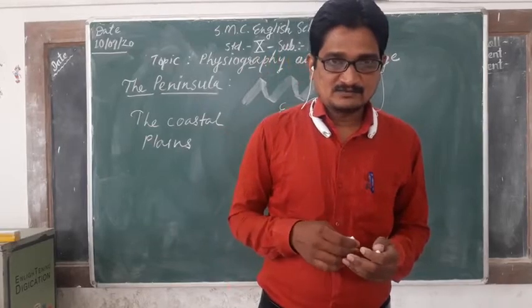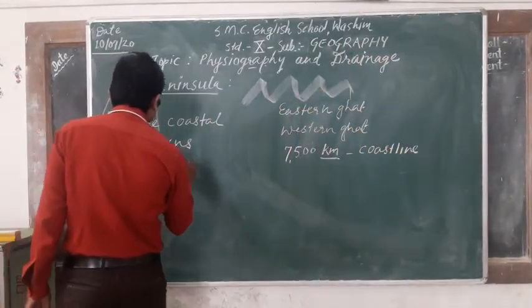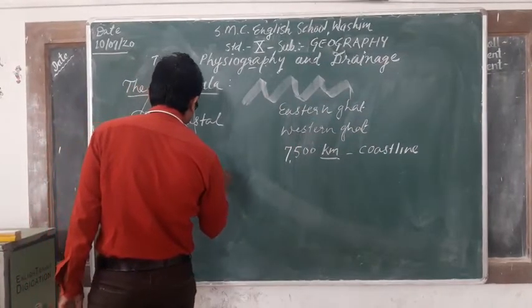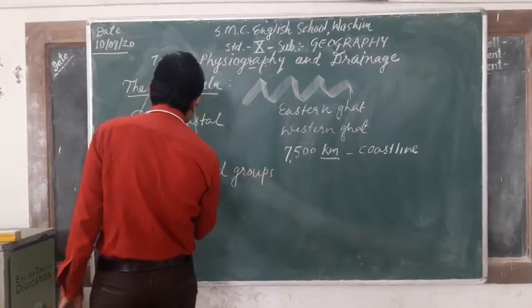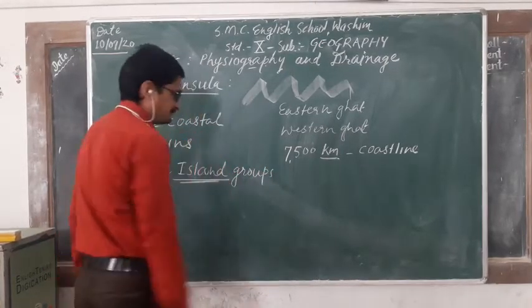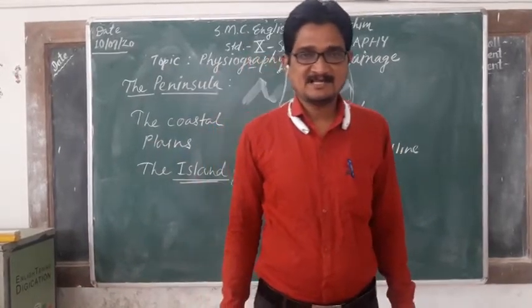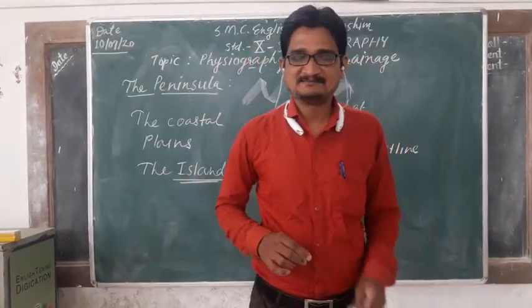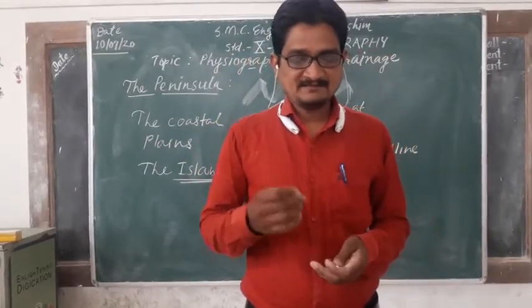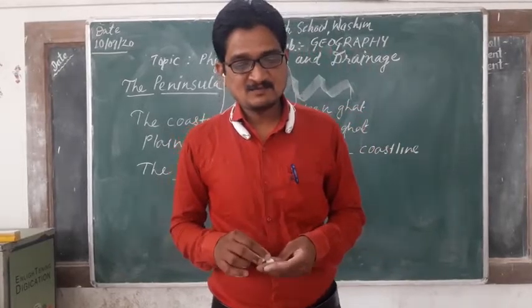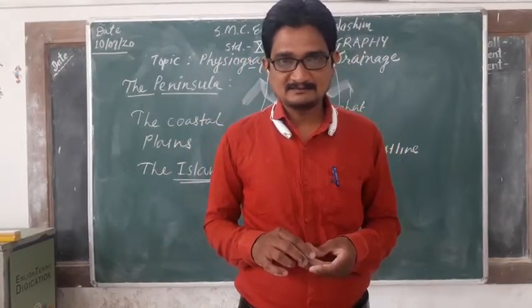Then the third one is island groups. In your textbook, India has many small and large islands along the coast of the mainland.